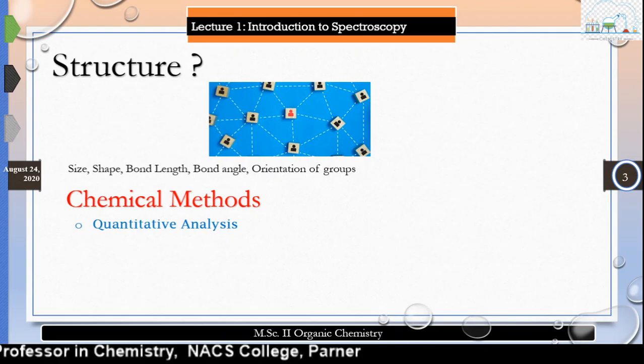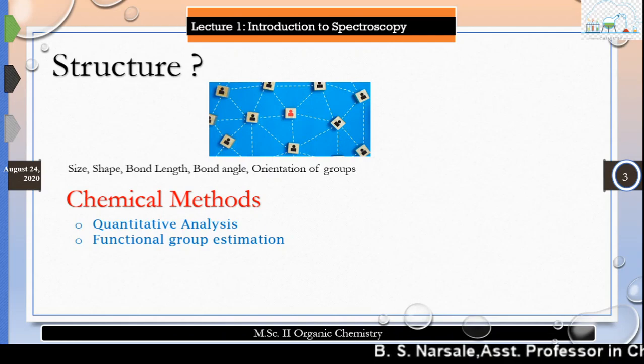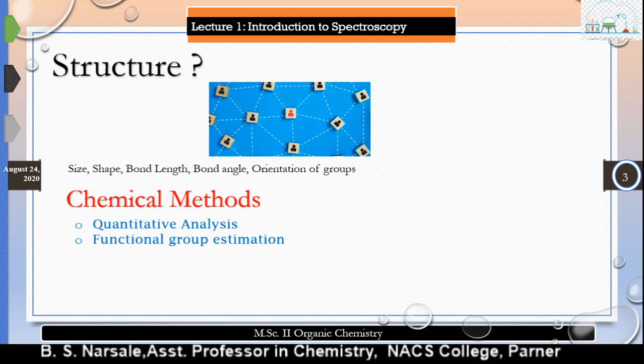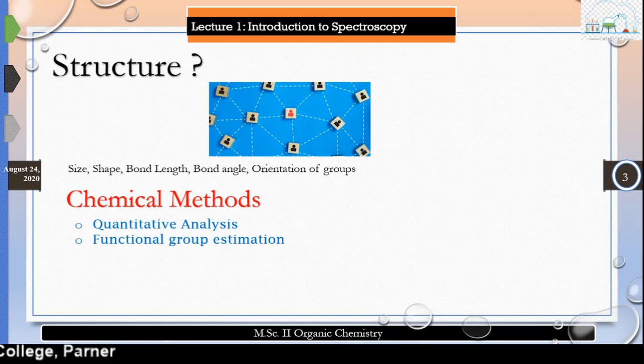Nowadays, we also perform qualitative analysis, in that a functional group estimation. That is, which type of functional group the compound has. According to that, we get an idea about the functionality of that compound.